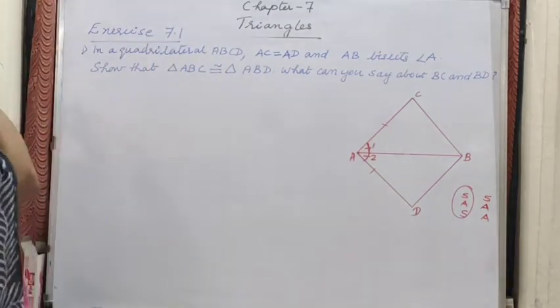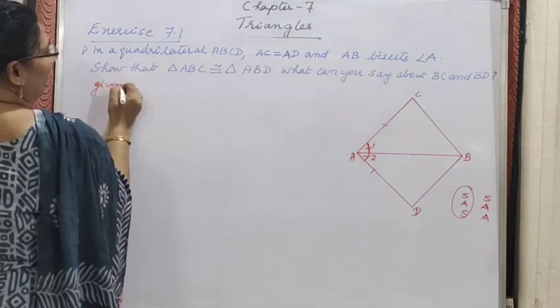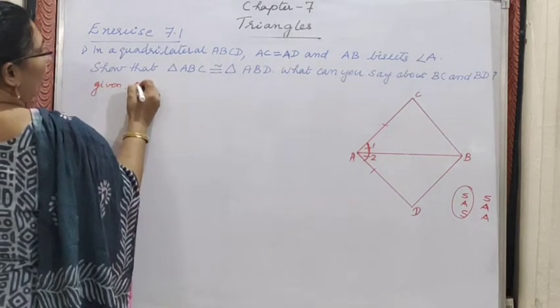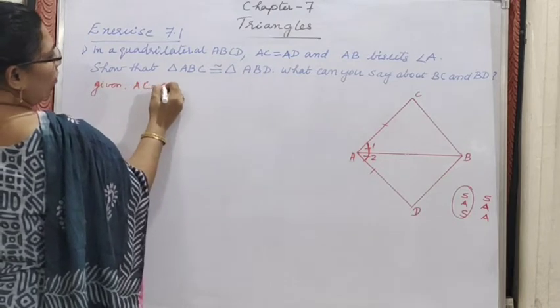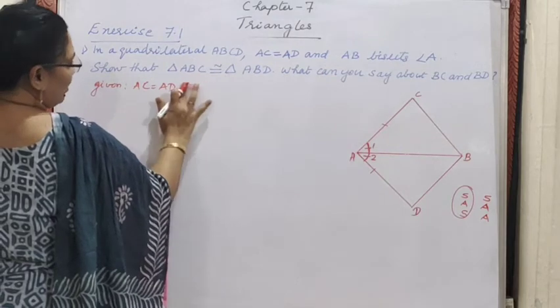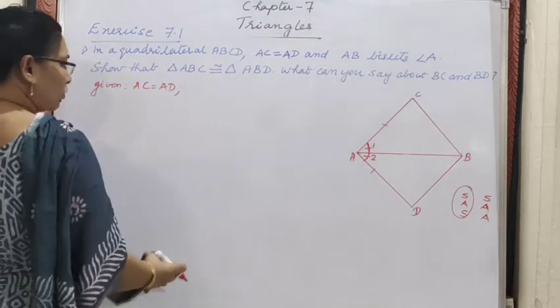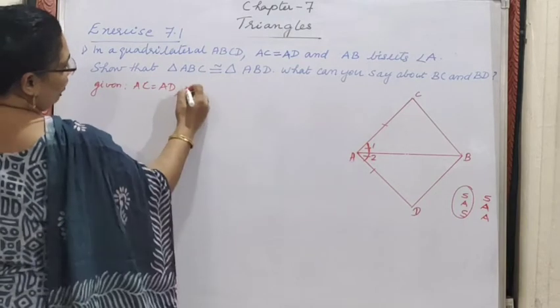So what is to be written first? As usual we should write the given: AC equal to AD, AB bisects angle A. So directly I can write angle 1 equal to angle 2, because we have chosen angle 1 and 2 in the figure.